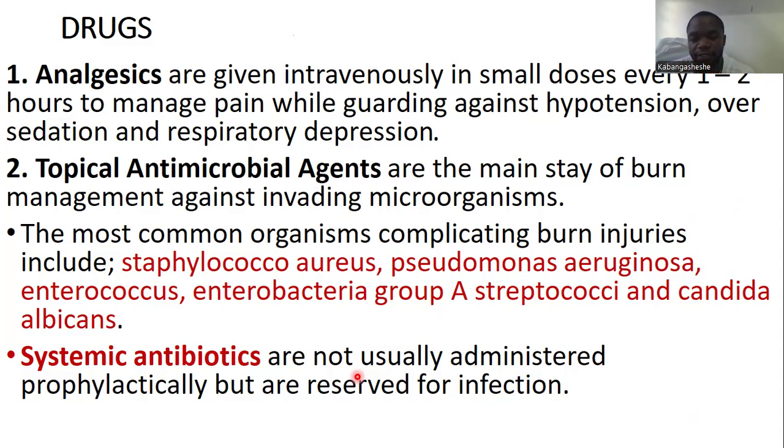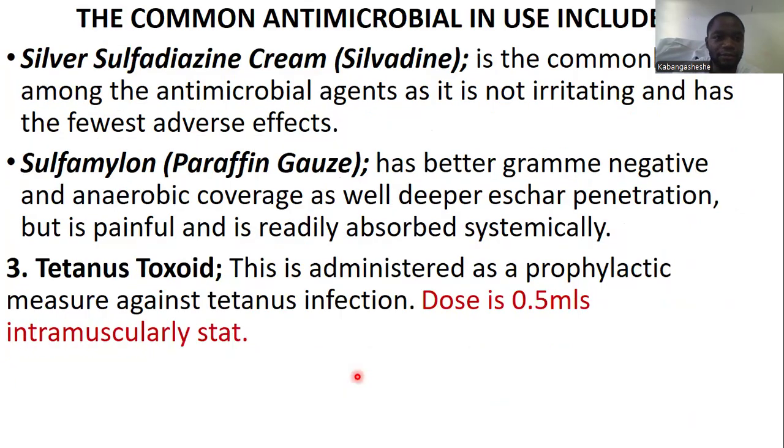The pain can be severe, or the patient may have painless burns. Where there is severe pain, of course, after assessing the pain levels, usually we give opioid analgesia, then we go back to non-opioid analgesia. In addition, tetanus toxoid may be used to prevent infection by Clostridium tetani.